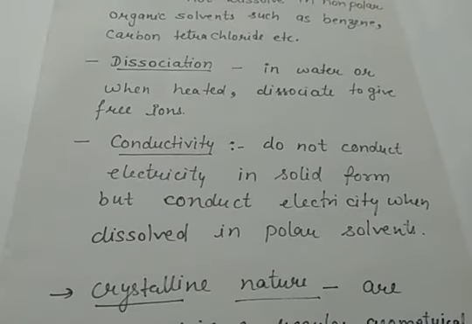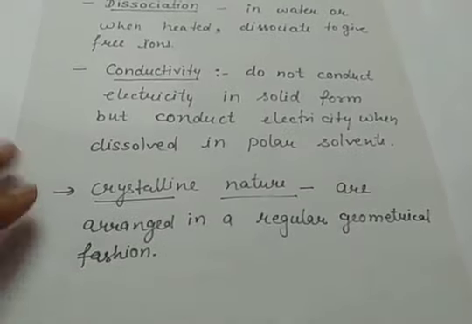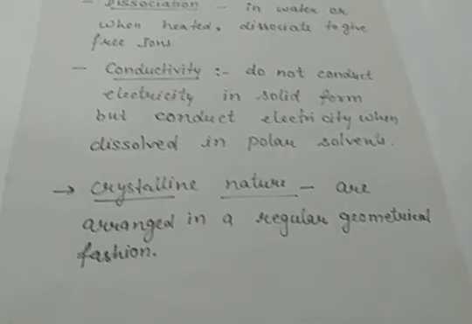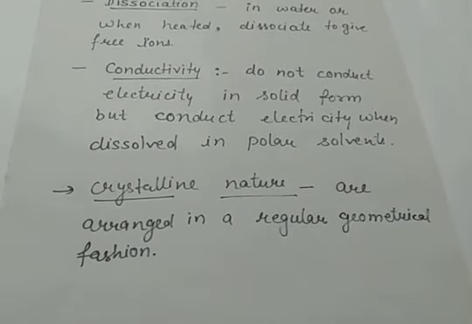Ionic compounds in solid form do not conduct electricity, but they conduct electricity when dissolved in polar solvents, because the free ions in the solution can conduct electricity. And they are crystalline in nature because there is a regular geometric arrangement of the ions.